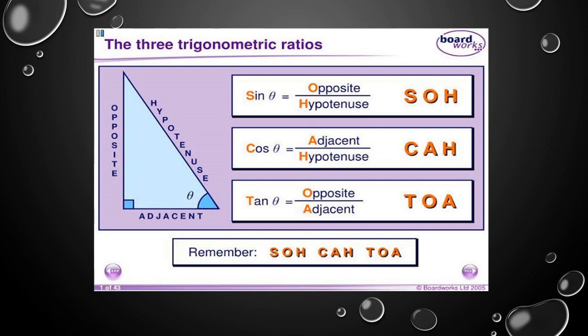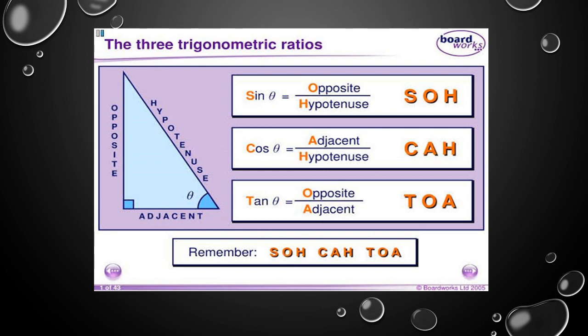So the first concept, the three trigonometric ratios. In trigonometry, we have three major trigonometric ratios: sine theta, cos theta, tan theta. The full form of sin is sine, cosine we simply take as cos, and tan means tangent. With the representation of a right angle triangle, we have the hypotenuse, opposite side and adjacent side.